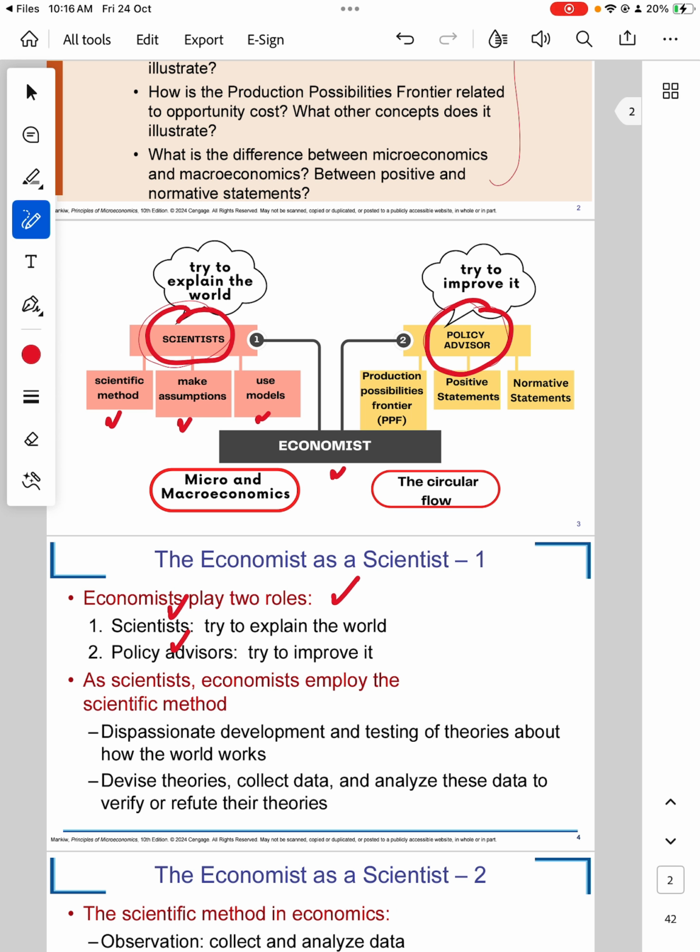By having the policy advisor. This policy advisor will show us about the production possibilities frontier, and they'll also make us think about positive statements and normative statements. What is the difference between these two statements? Later on we are going to study all these things.